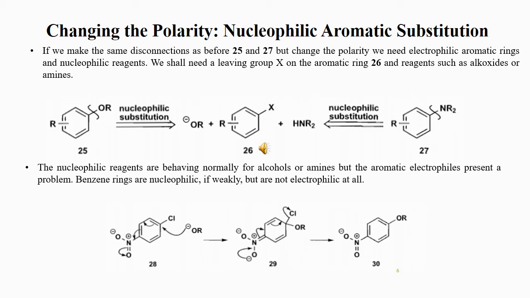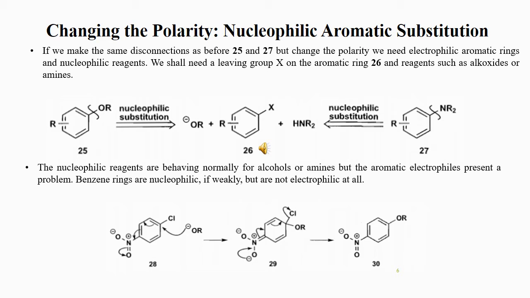So in both cases, the suggested reaction for the synthesis of 25 and 27 is nucleophilic substitution. When 26 reacts with alkoxide OR negative, we shall get 25, and when aniline does the nucleophilic substitution on 26, we shall get 27.